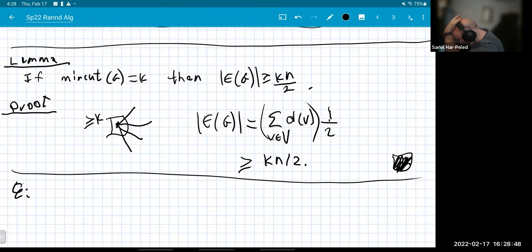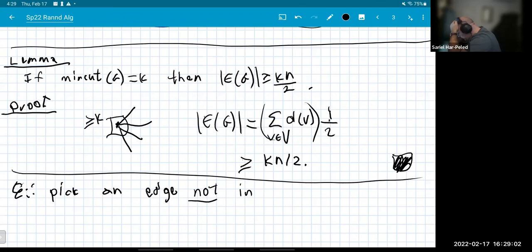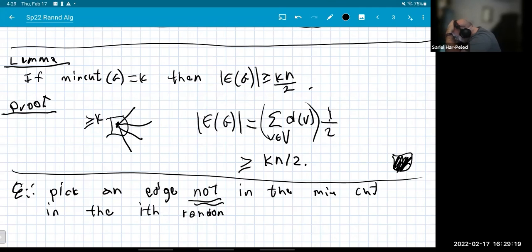So let E_i be the event: pick an edge not in the min cut in the ith random contraction.